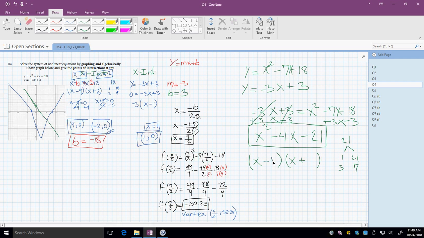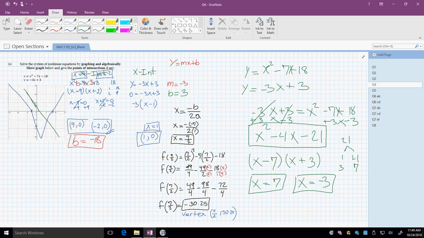So the largest number first, the smaller one second. So I have x equals 7, and x equals negative 3. And those should be your points of intersection. You can find the y for that one by plugging in.